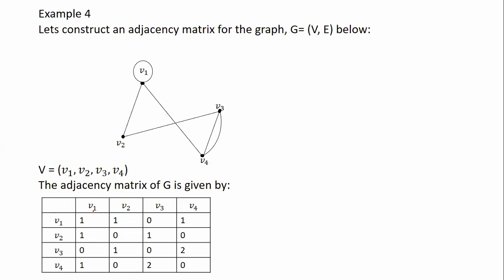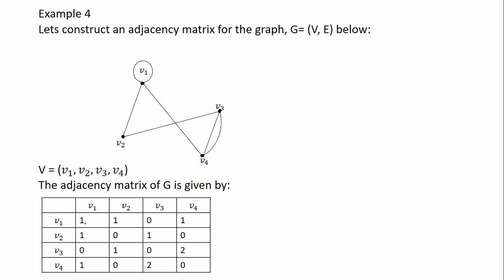If 1, write 1. If 2, write 2. Yes, sir, the loop above V1. So we have a loop here that connects V1 to V1, and it's only one loop. Therefore, we have that as 1.